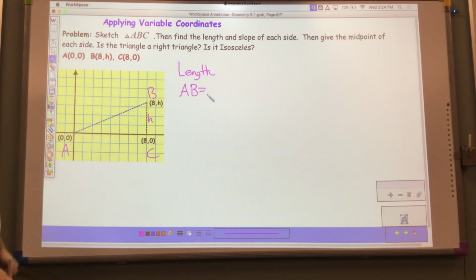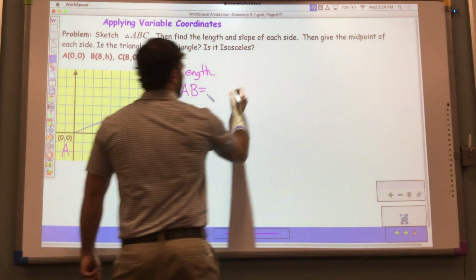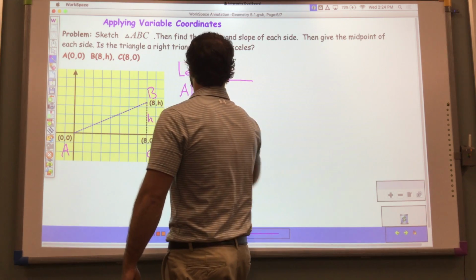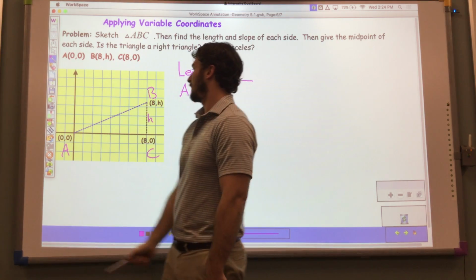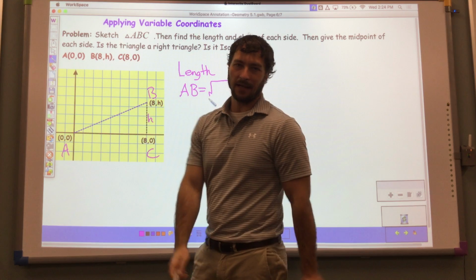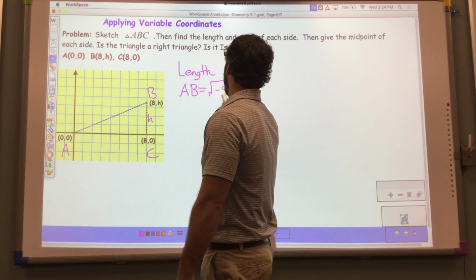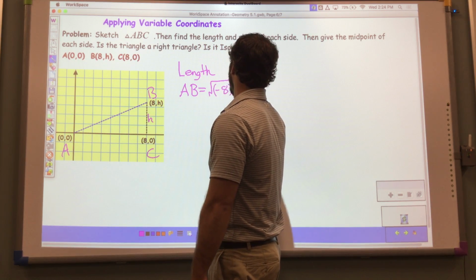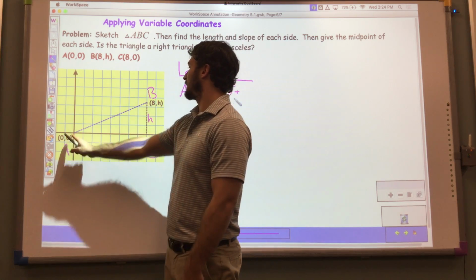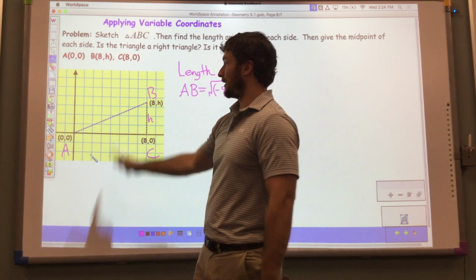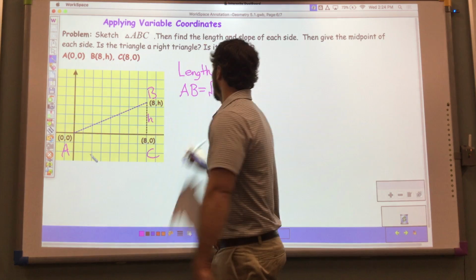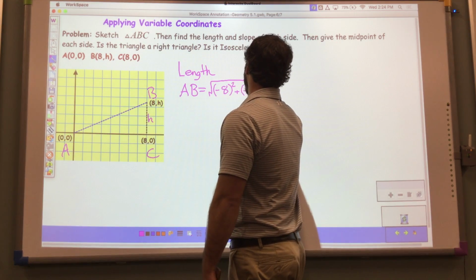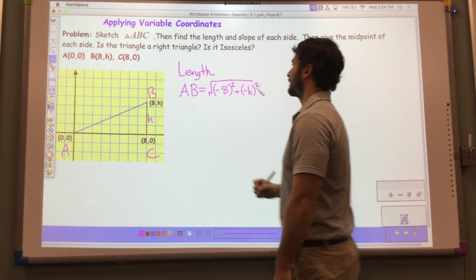So for AB, the length, if we use our distance formula, you subtract your x's, 0 minus 8. That's negative 8, and that's going to be squared, plus subtract your y's, 0 minus h, or you could do h minus 0. That would be negative h squared.